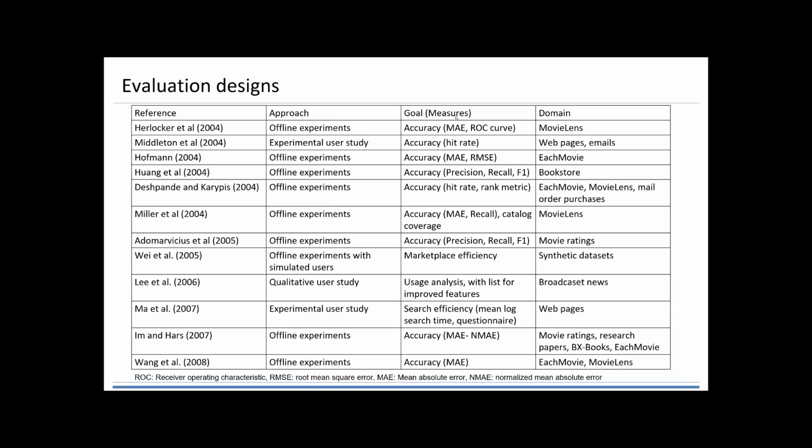They use accuracy measures, and most of them use accuracy. Here the accuracy refers to the MAE. Usually we want to predict the rating and see the error. But some of them also use precision, recall, and F1 score. So we will take a look at all those metrics.